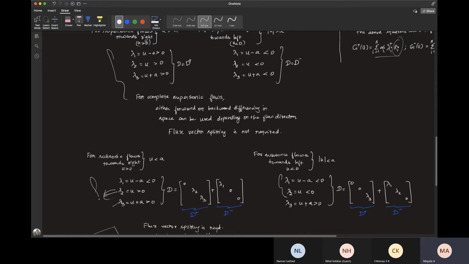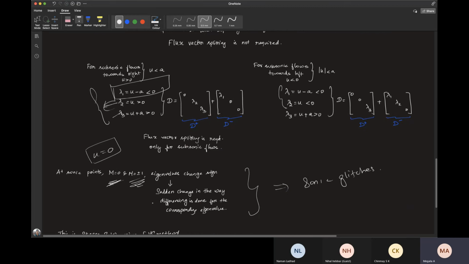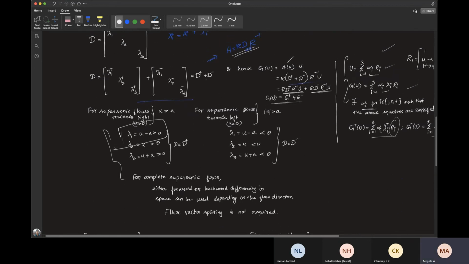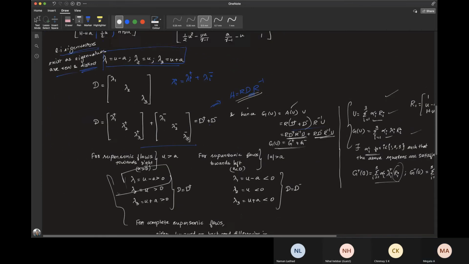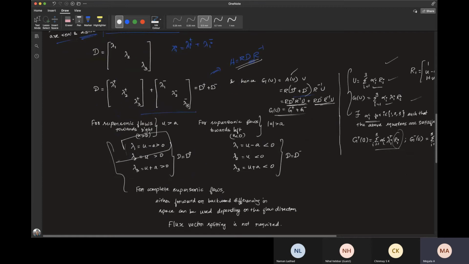If you look at subsonic and supersonic flows towards right, the first eigenvalue is different. So this will experience a change in sign. So in that case, anyways, we are going to shift the method, because the method that we use is dependent on all the eigenvalues. G plus and G minus have contributions from D plus and D minus.